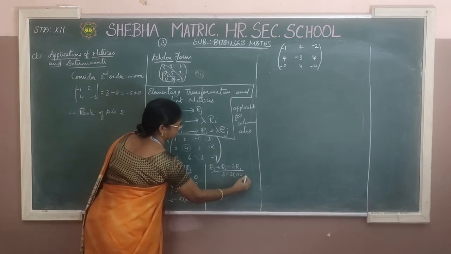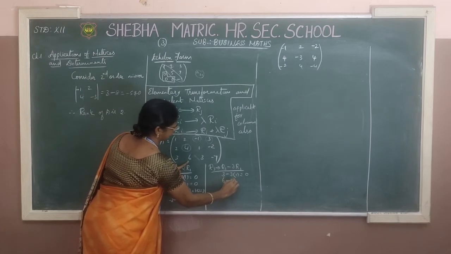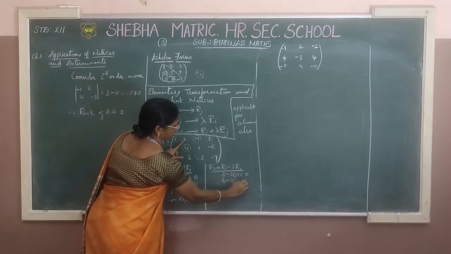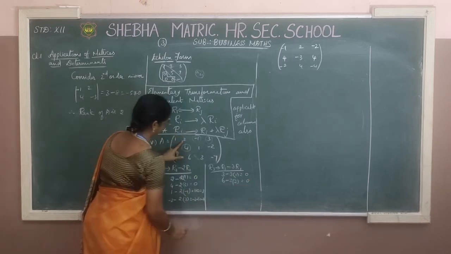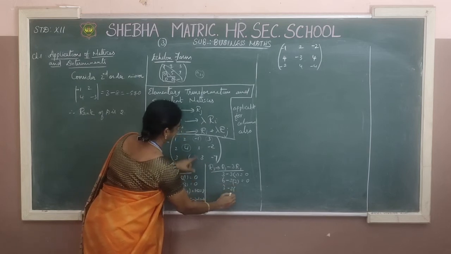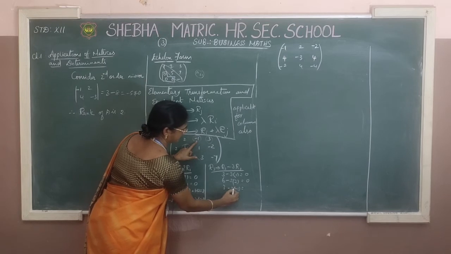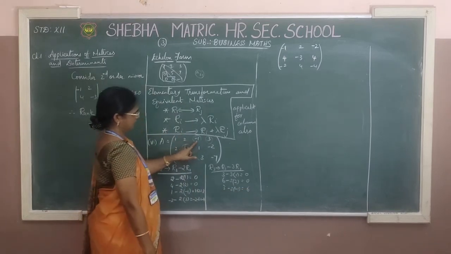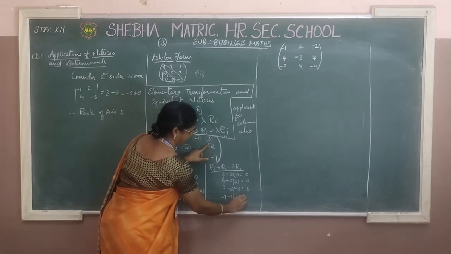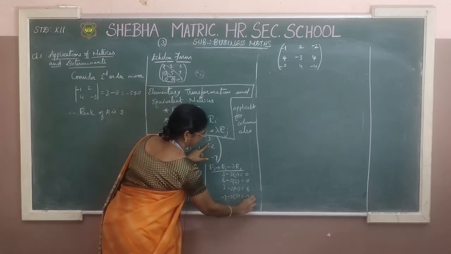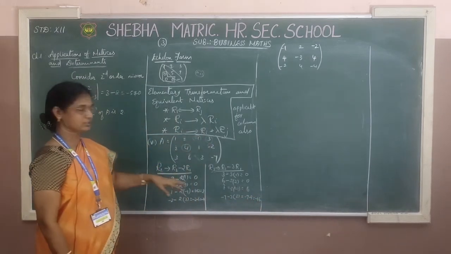R1 is 1, so 3 minus 3 is 0. Next, take the next element, 6 minus 3 into 2. 6 minus 6, again we get 0. Next one, 3 minus 3 into the element in R1, which is minus 1, equal to 3 plus 3. We get 6. Next, minus 7 minus 3 into this 3. We get minus 7 minus 9. We get minus 16. Understood this?